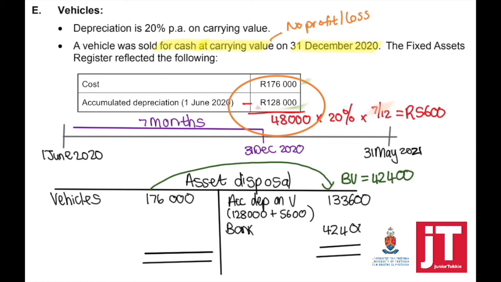Remember, at school level, the cash flow statement will always be at carrying value. There will be no profit or loss on the sale of the asset. So the proceeds from the sale of the asset would be 42,400.